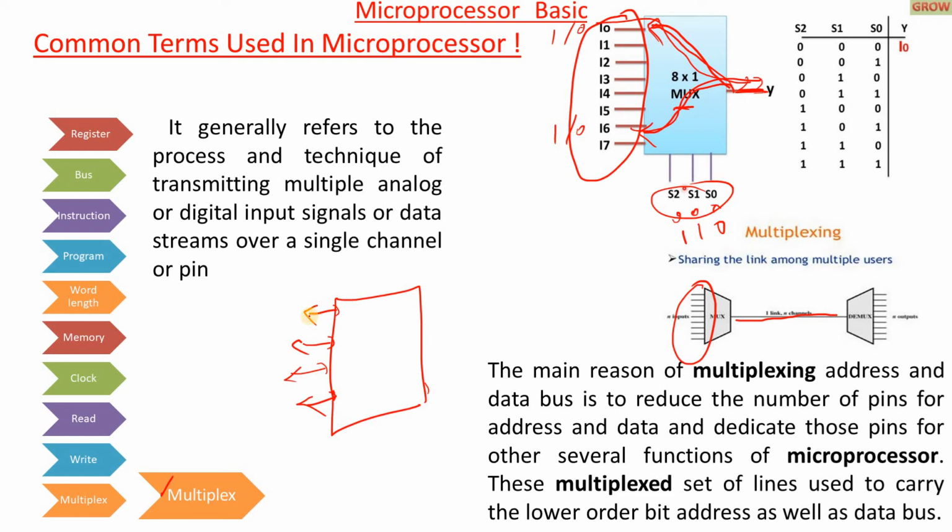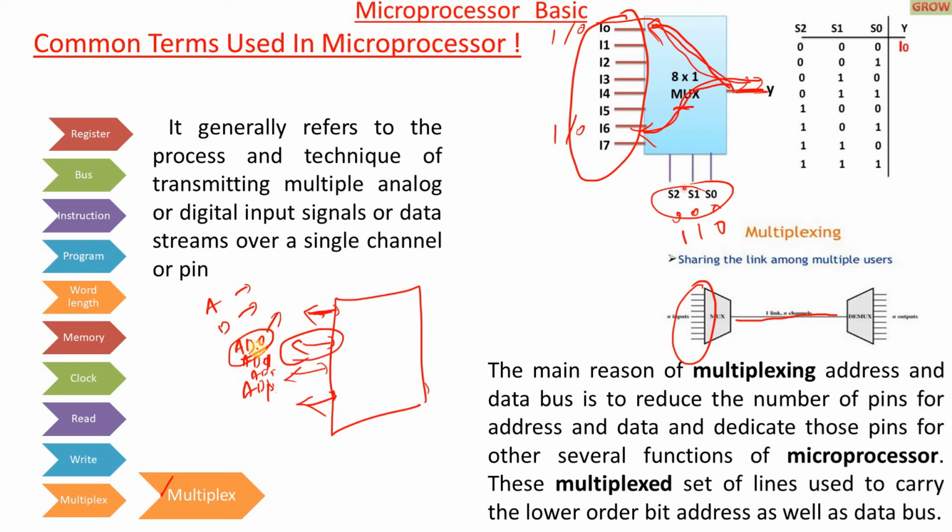Some pins are used for a single purpose, but some pins are used for multiple purposes. For example, in a microprocessor, AD0 to AD15 lines are there. A means address, D means data. We multiplex these two, address and data.